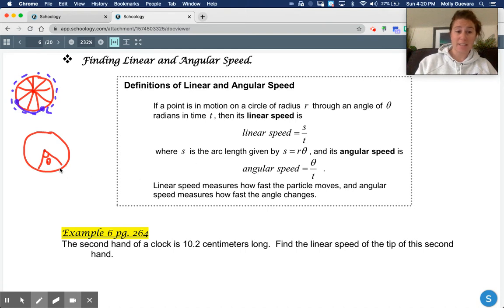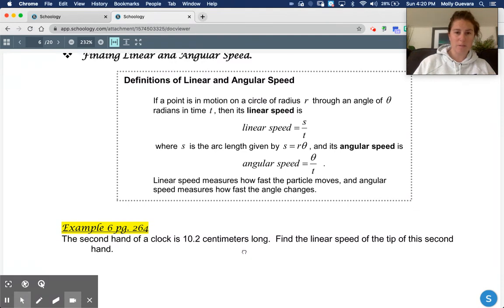So again, S is arc length, and then theta is going to be the angle, and it has to be in radians, okay? So we're basically using this S equals R times theta. So what this comes down to is like, okay, there's a lot of equations going on right here. It's really not that bad, and I do think that sometimes the visual really helps.